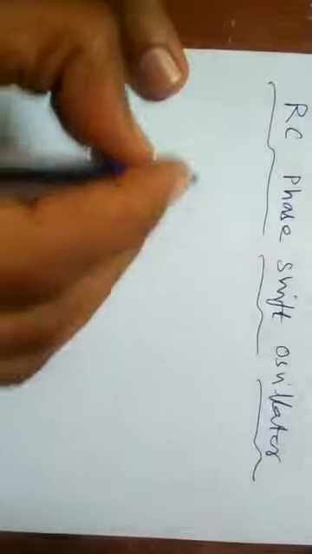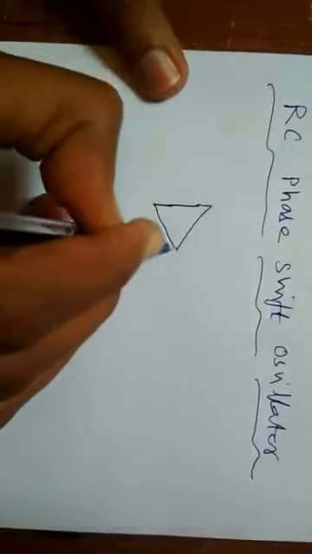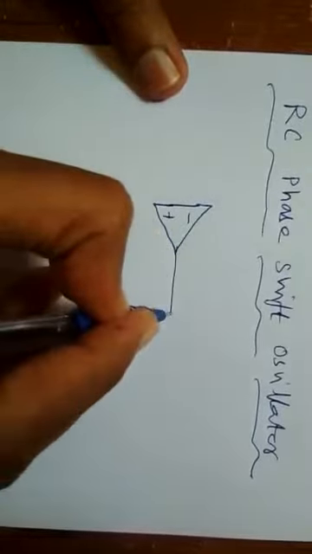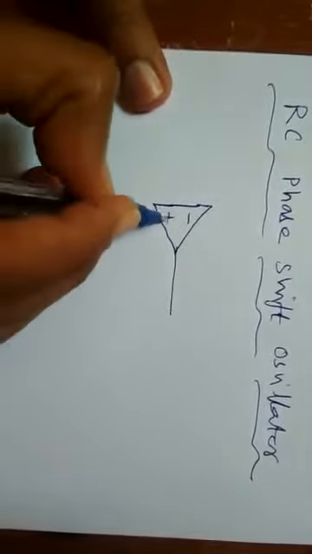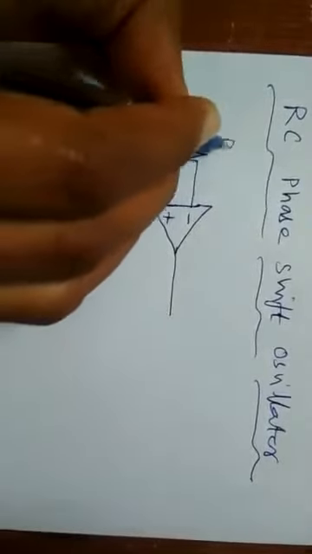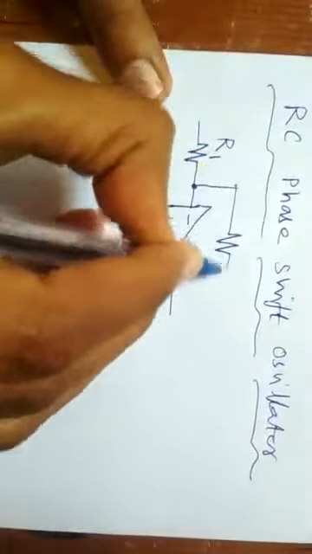For the forward path, for the amplifier, we can use an operational amplifier based amplifier circuit. Its input resistor is R1 and feedback resistor is RF.